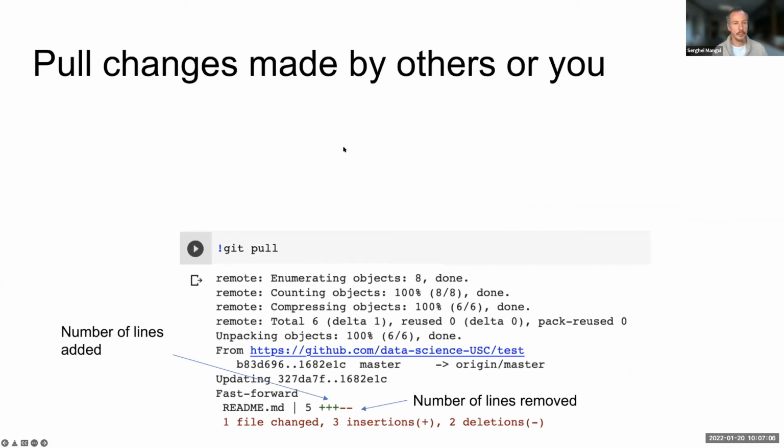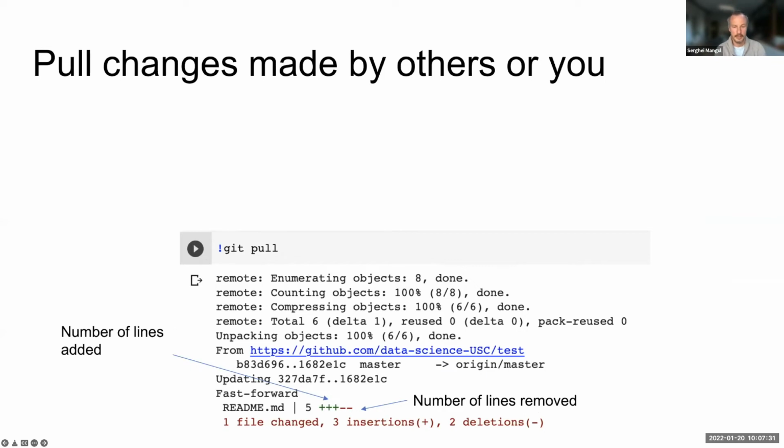And then when you pull the changes, it actually gives you some information. If you run the Git Pull command, this is how it looks in Google Colab. So you will see what's going on, right? What is nice is that you can see the number of lines being added. You can see some idea of how many things you have updated in your local repository.